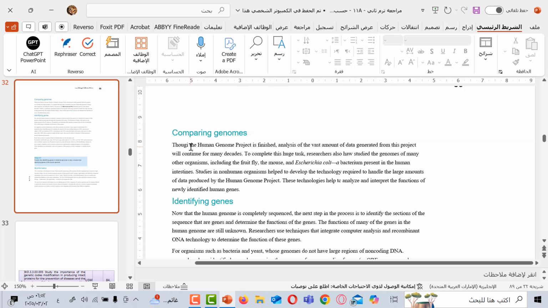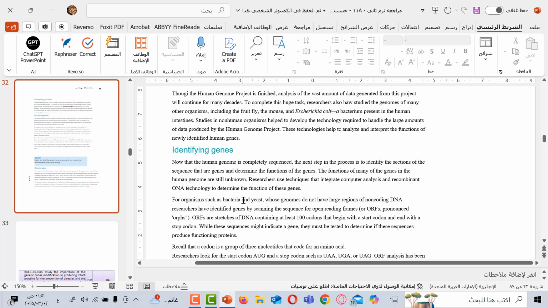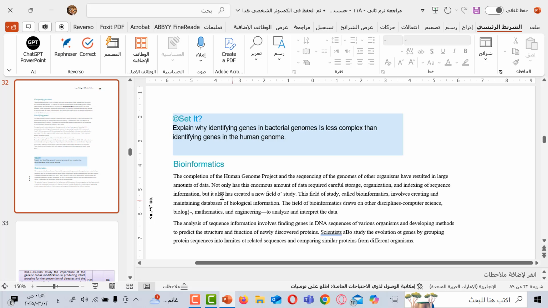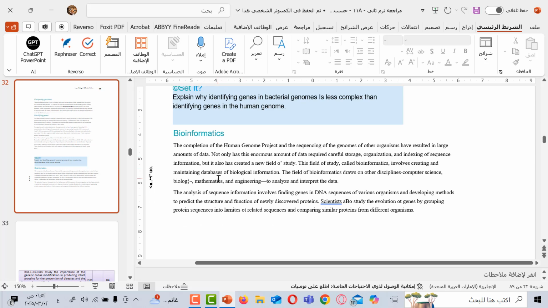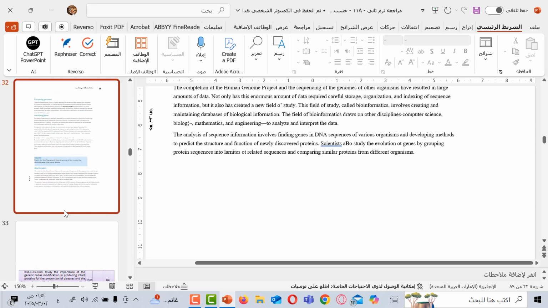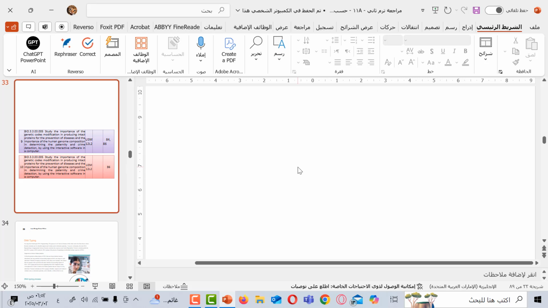It has comparing genomes, identifying genes, and bioinformatics. But I didn't have a question from last tests about that, so we're going to the next one.